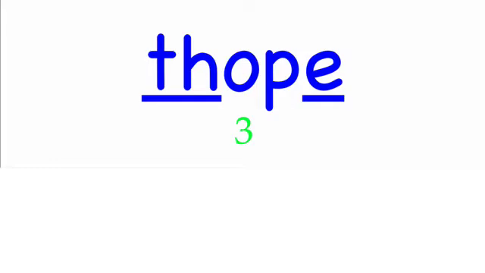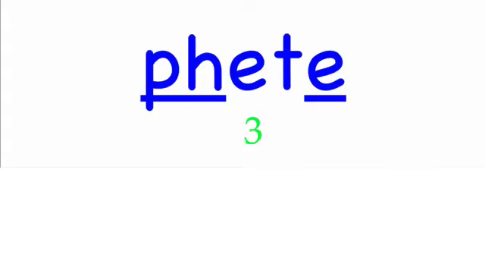So the next word is feet. Now this is a nonsense word, and it's going to contain a consonant team. It has 3 sounds. F, E, T. Feet. Again, we underline PH. It's a consonant team. We underline the E to indicate it is silent at the end of the word.